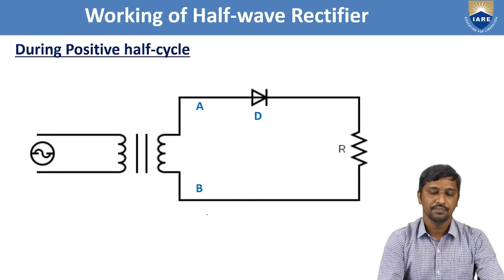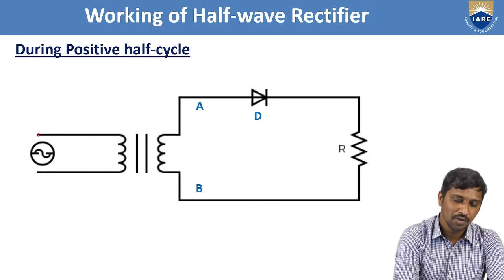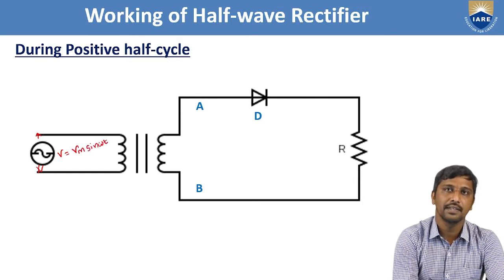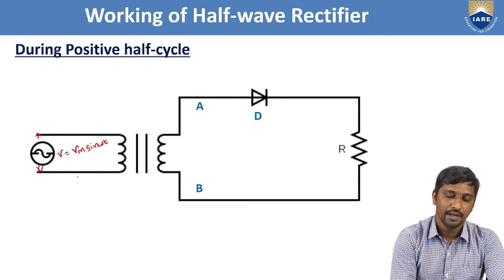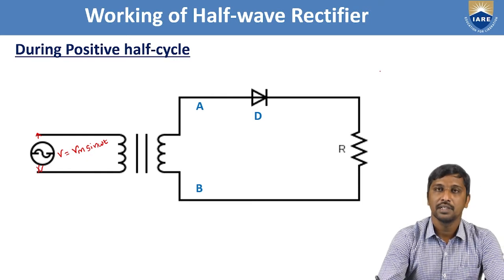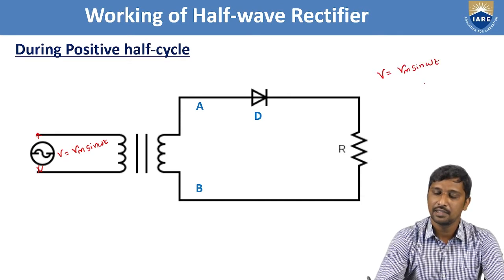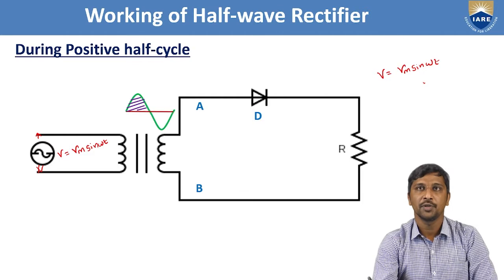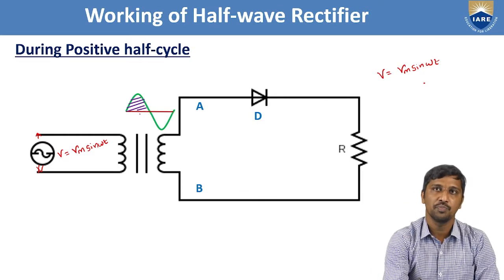Let us assume this is our half-wave rectifier circuit. Here we apply V, represented as Vm sine omega t. We know the duration is 0 to 2 pi, but in the first case I am going to assume only the positive peak.